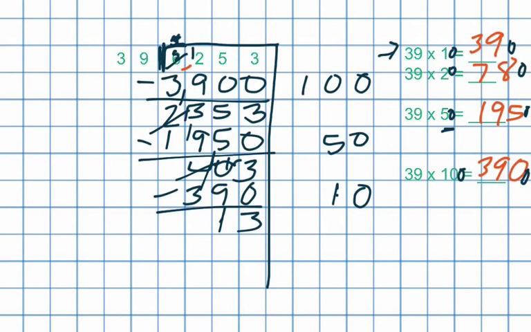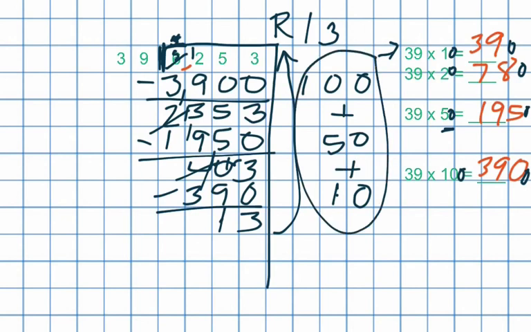I have 13 left over. Can I get another chunk of 39 out of that? No, I can't. So the 13 becomes a remainder. And to find my answer, I simply add 100 plus 50 plus 10, which would be 160. 160 with a remainder of 13.